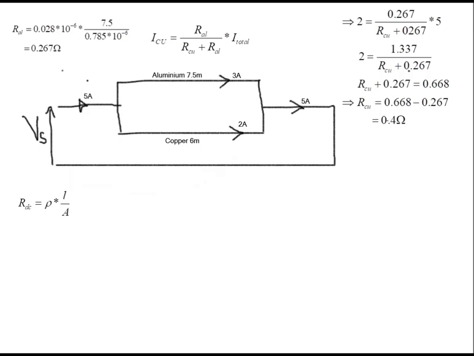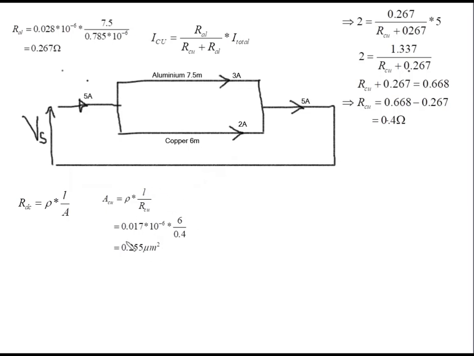We then use this formula to find the area. So we manipulate the formula, just transposing. Then we replace, and we find the area of the copper cable, which is now 0.255 micrometer squared.